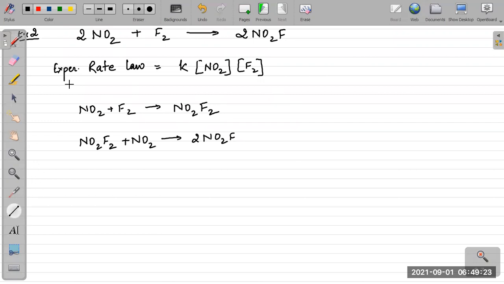Similarly, obviously here this is going to be the slow step and this will be the fast step.